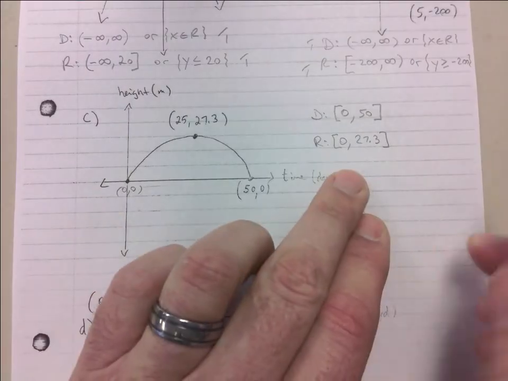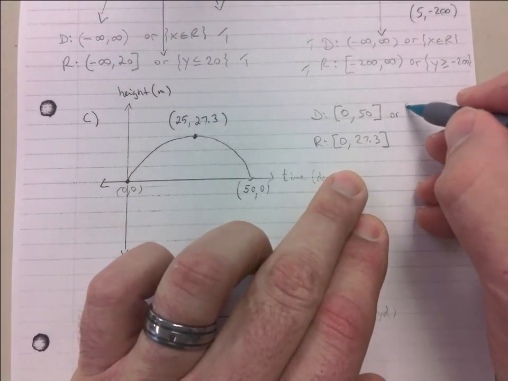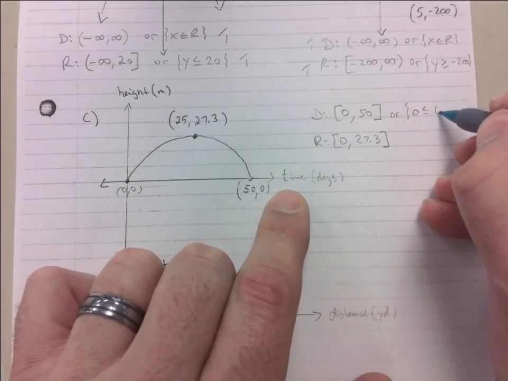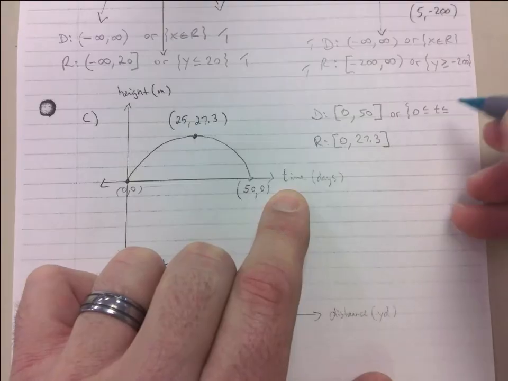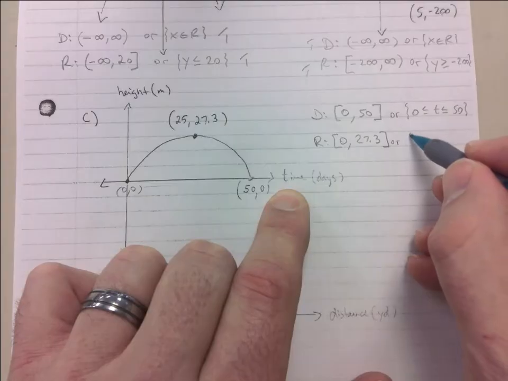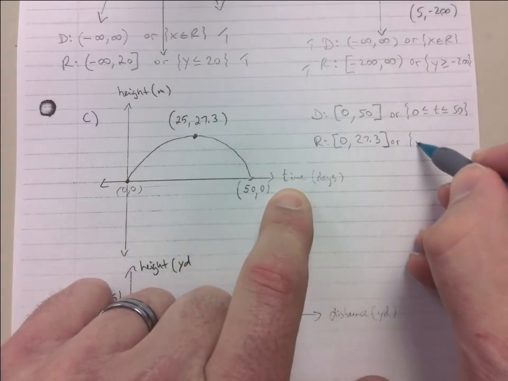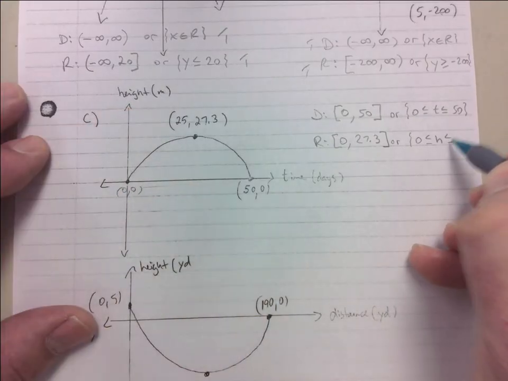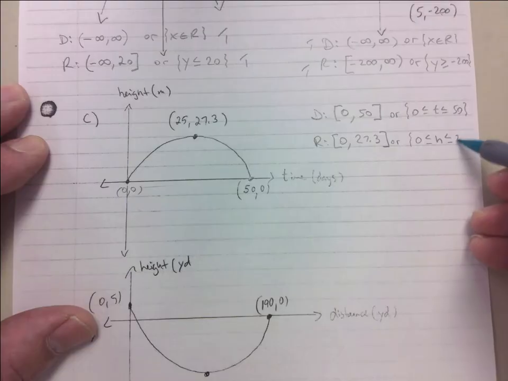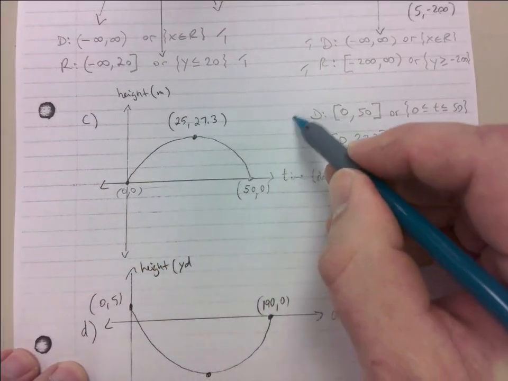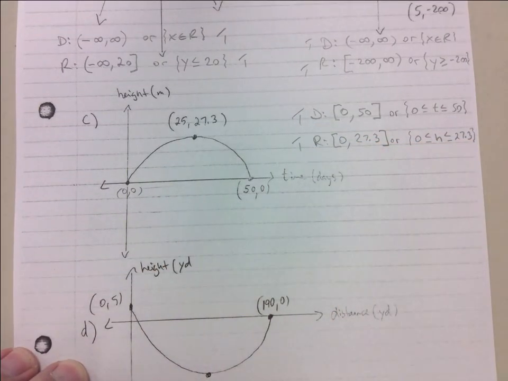That would be the interval, my preference, or you go from 0, and for x, technically you should use t, but we're gonna let it go today if you used x, not a big deal right now. And for y, it's 0, h, I'm gonna use h for height, between that and 27.3. Half a mark for the insides, half a mark for the brackets, so 1 and 1.